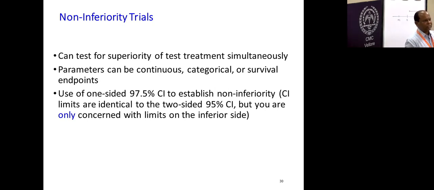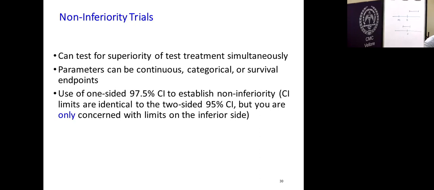When we started off with the superiority studies, you do a superiority study, and the confidence interval was like this, you don't conclude equivalence. You understand this? You cannot come this side.